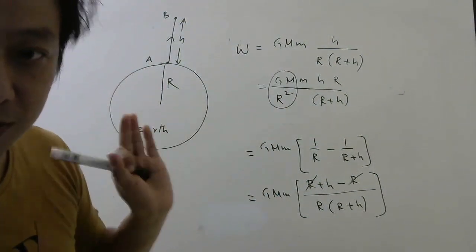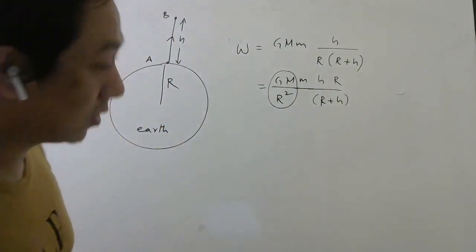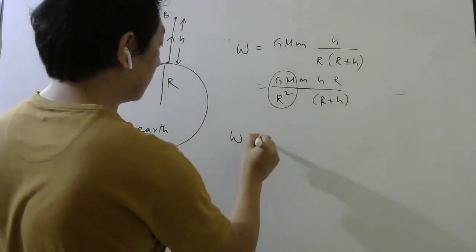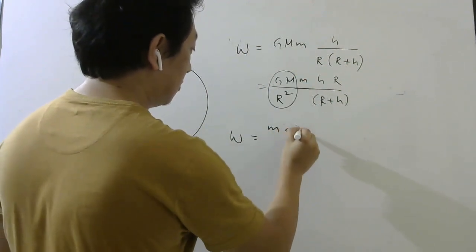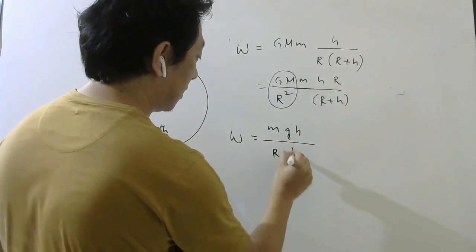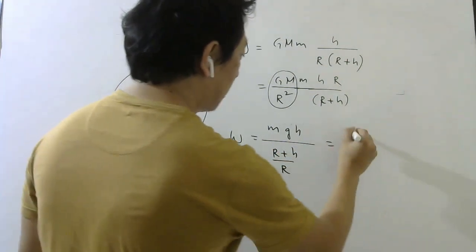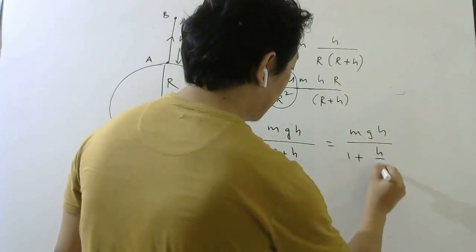That is the formula for g on the surface. So I can write here work done as m, this is your g, this is your h. This R let me bring down. So R plus h by R, which finally becomes mgh by 1 plus h by R.